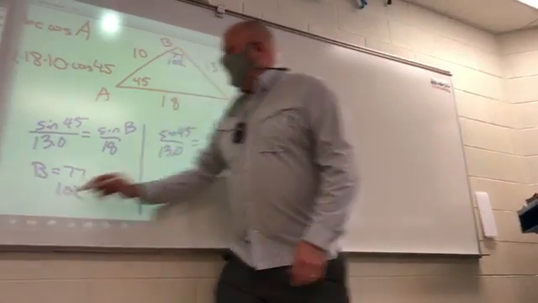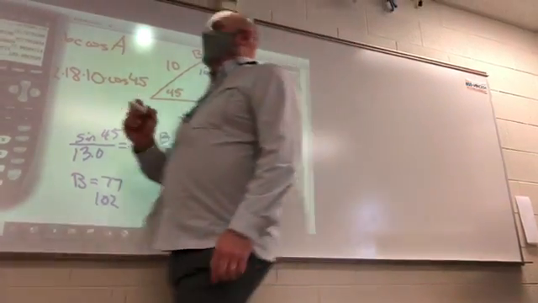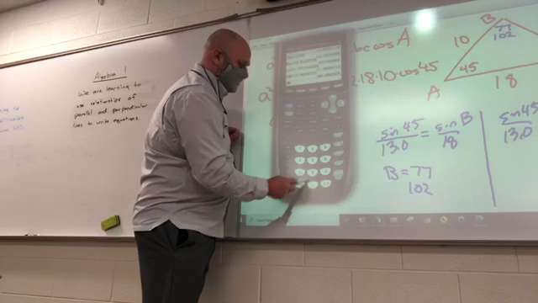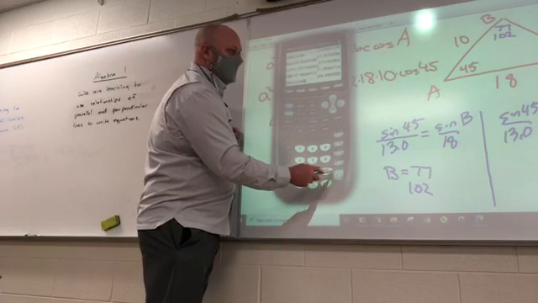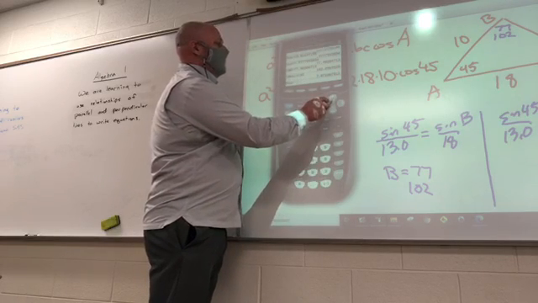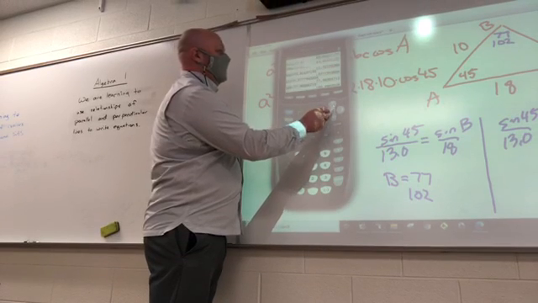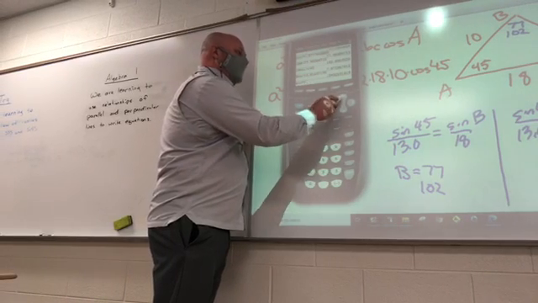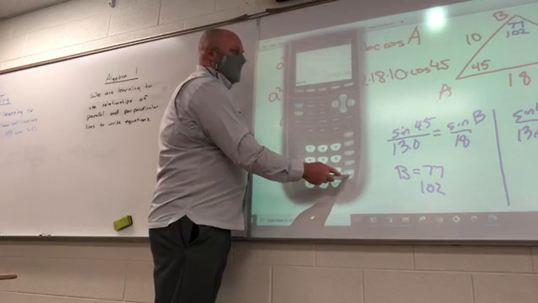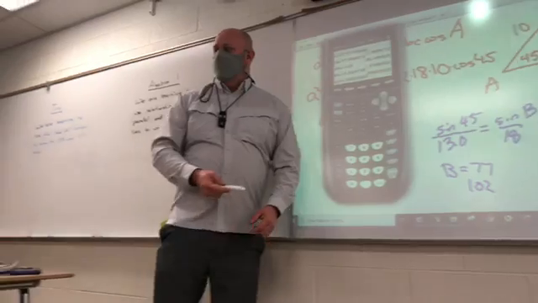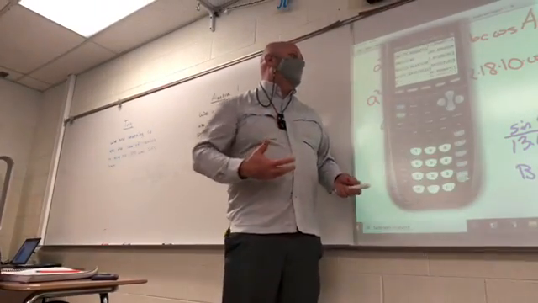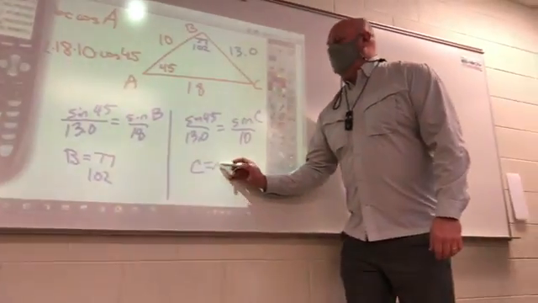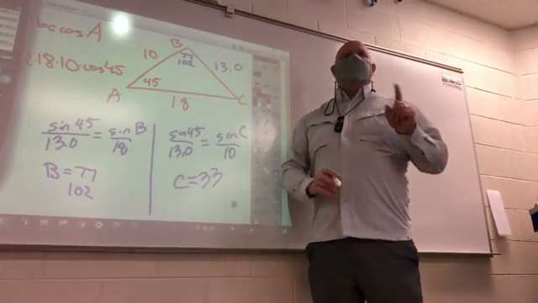I know that this proportion, when I solve that one, I say 10 times the sine of 45, divide that by my 13, so I go up and grab my 13, right? And I inverse sine this. I know I have two solutions here, but I also know I don't care, because the way the geometry of this works, there is no way that angle C here could be an obtuse angle, right?